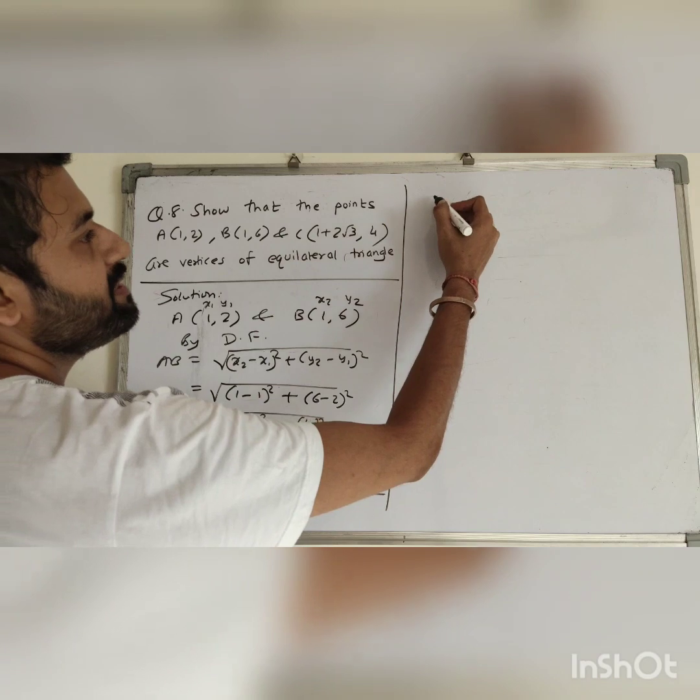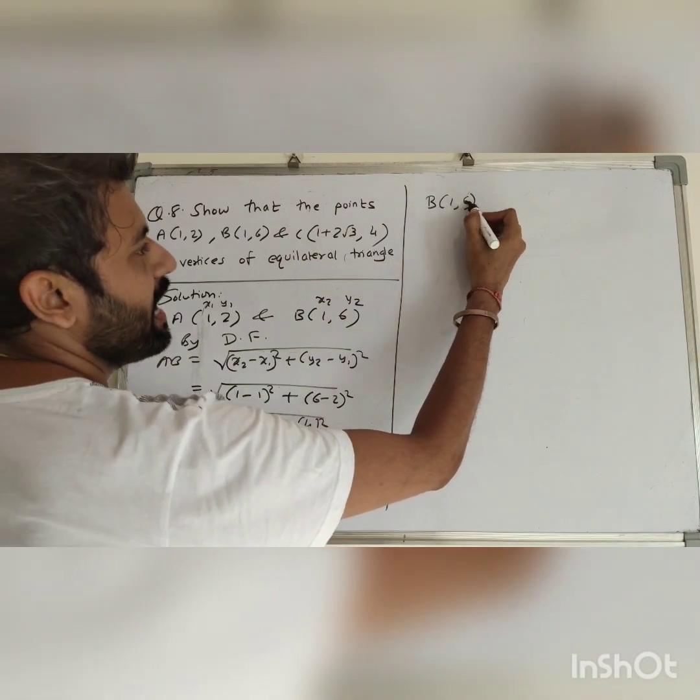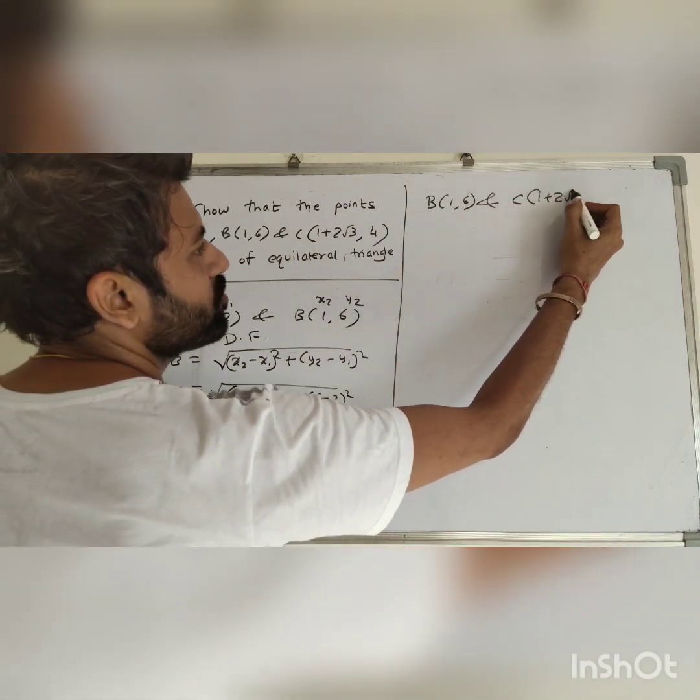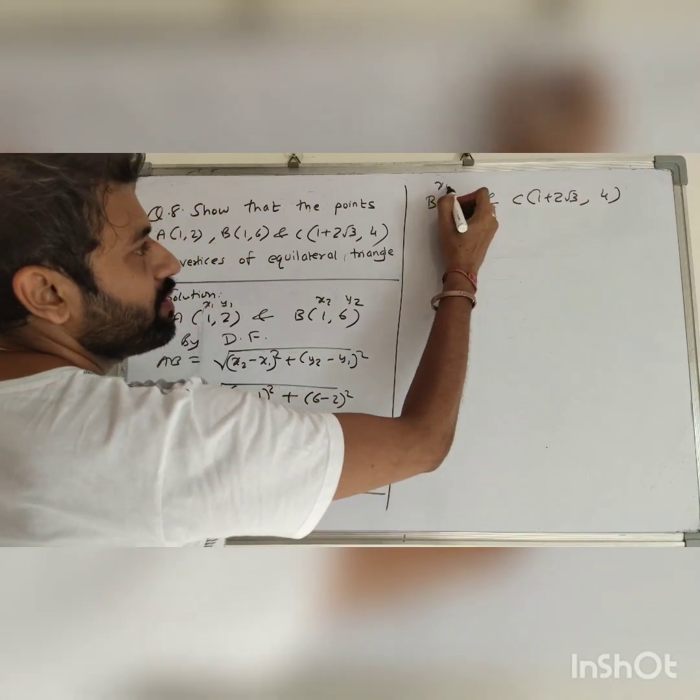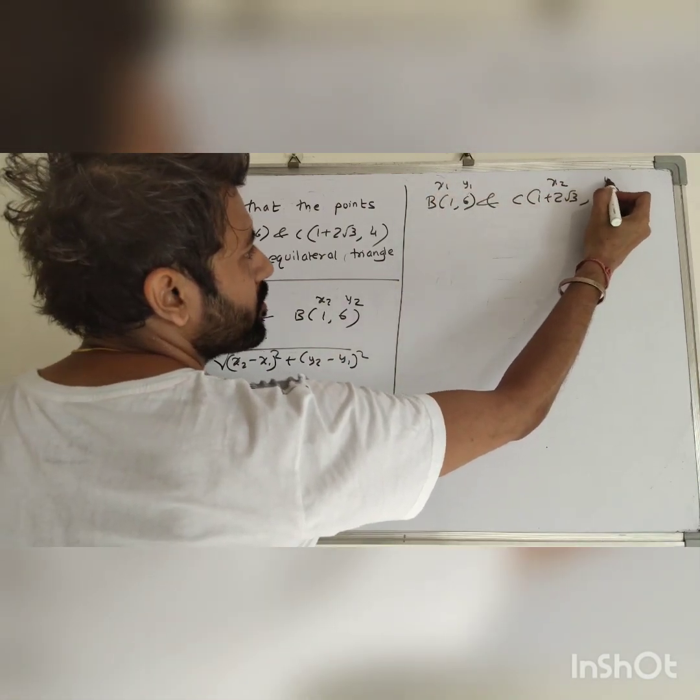Similarly, we will find BC. B is (1, 6) and C is (1 plus 2 root 3, 4), x1, y1, x2, y2.